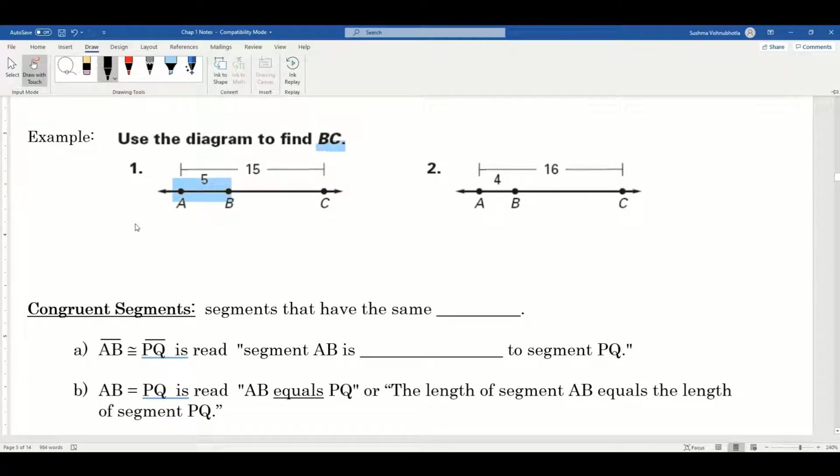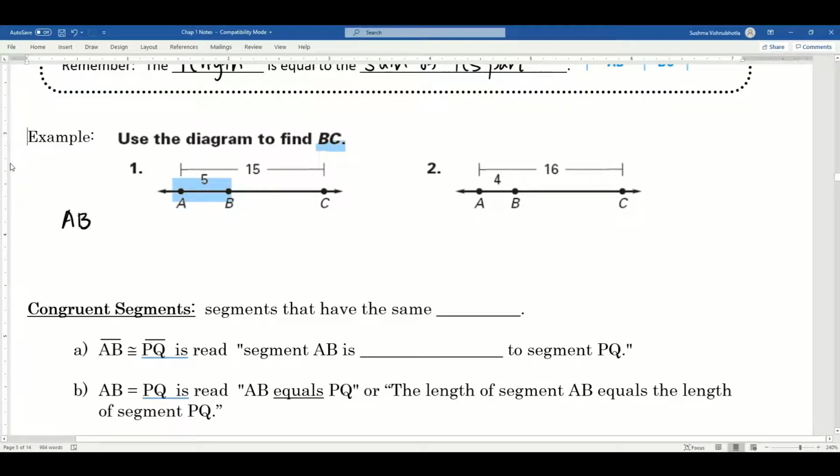Now, according to the segment addition postulate, you know that AB plus BC is equal to AC. And I would actually encourage you to write these statements out, even though maybe some of you can easily tell because you're very visual that this is 10. But writing these out right now would be good practice because you're going to have to write these out moving forward. So BC here is 10. And you can even substitute and check and do all of that.